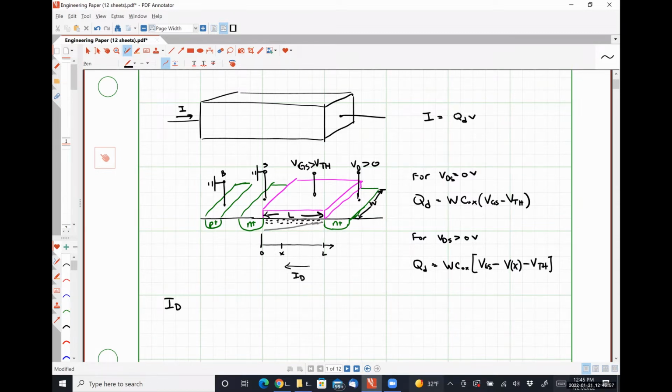ID is a current flowing through the device from the drain to the source, and is equal to negative W Cox (VGS minus V of X minus VTH) times v. The negative sign comes from the fact that the electrons are moving in the opposite direction of the field.